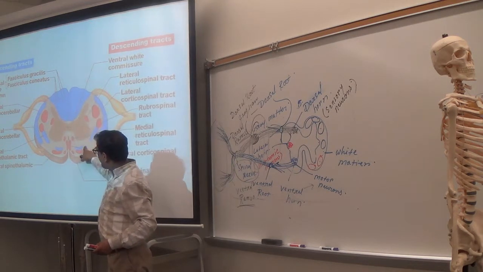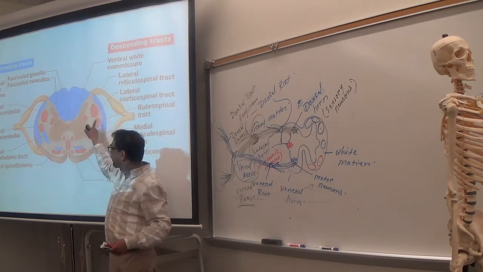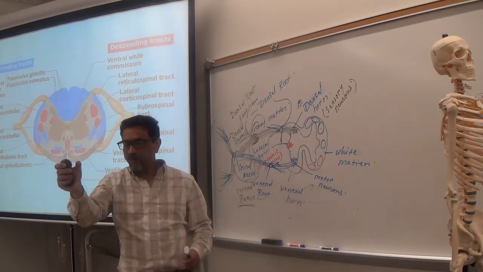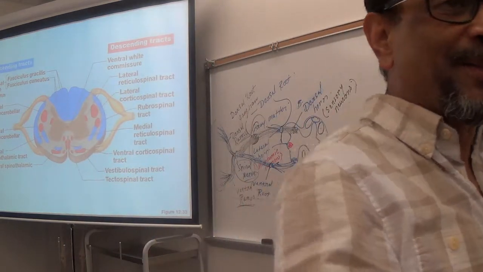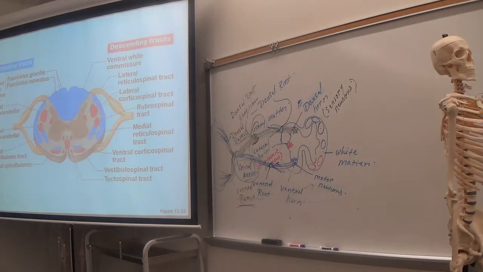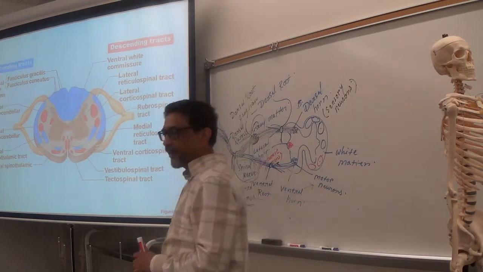This is the outer white matter, and the tracts are shown by blue and red colors. Bundles of fibers, tracts. Why two colors? Because some are ascending, some are descending, right? Ascending or sensory are shown by blue, and descending or motor are shown by red.